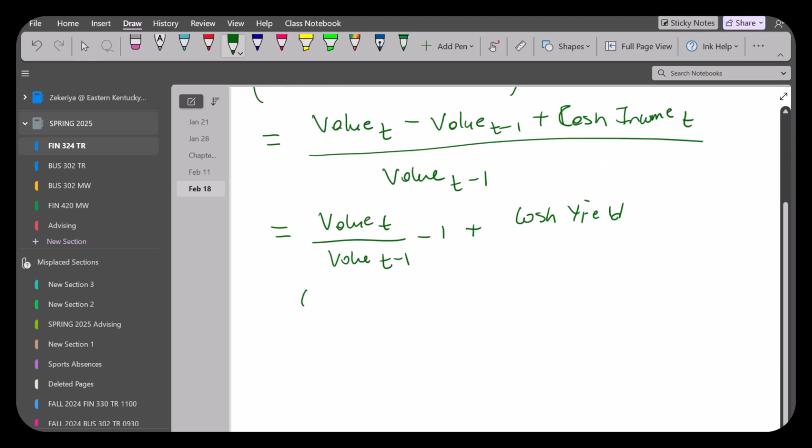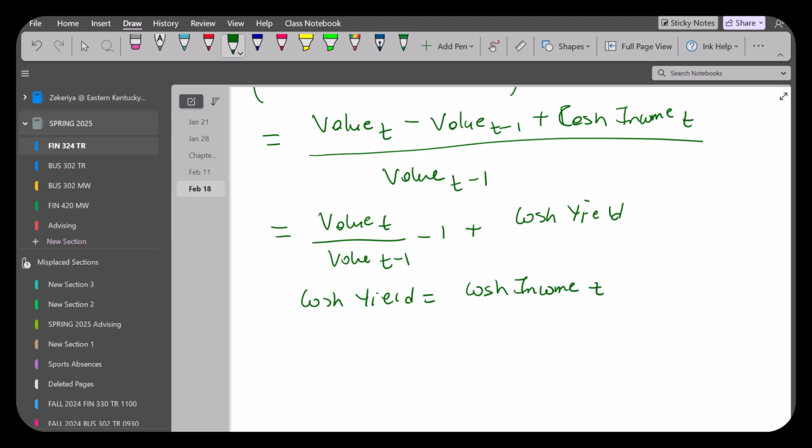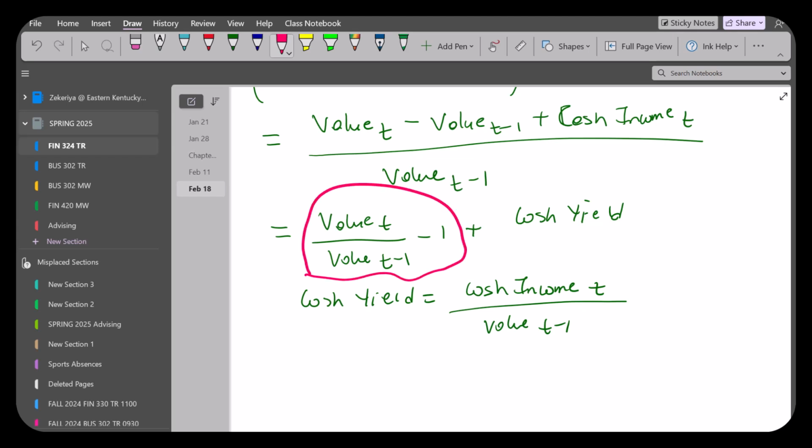Well, the cash yield is cash income that period divided by value last period. We can think of the first part as capital gains yield.